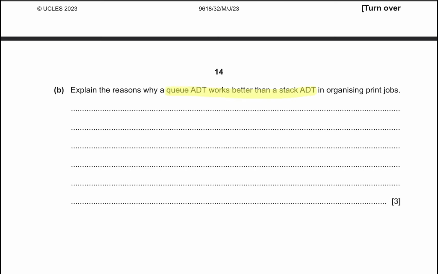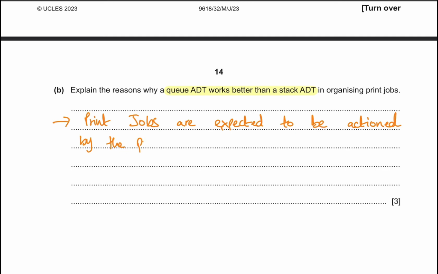Stack and queue are both abstract data types used in organizing print jobs. 3 marks. Print jobs are expected to be actioned by the printer in the order they are received.